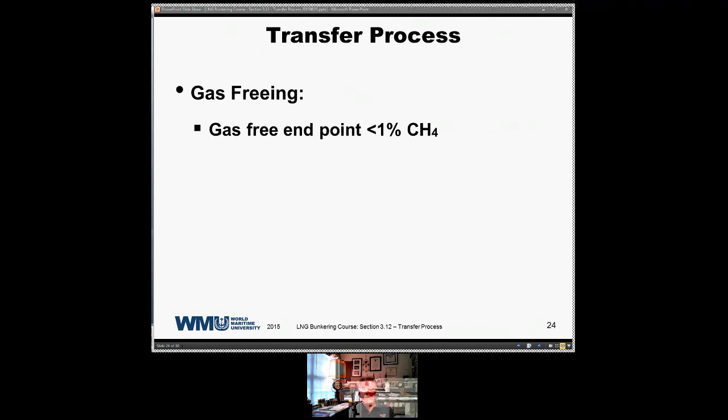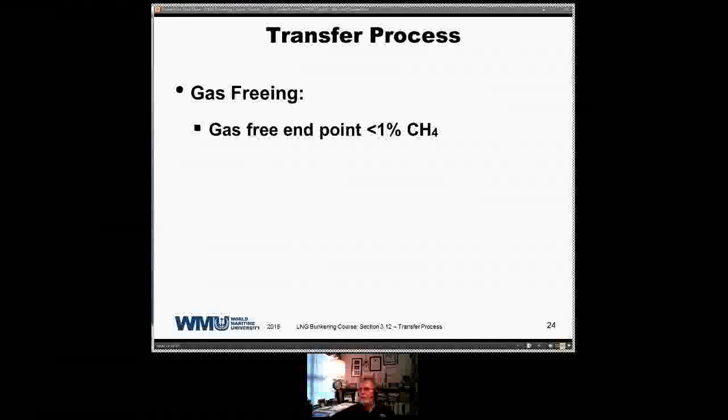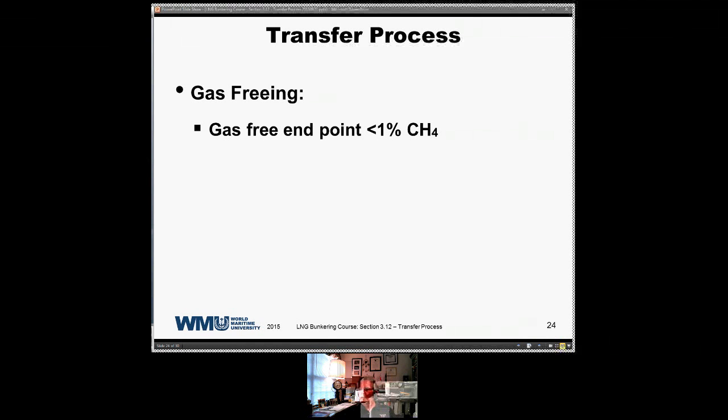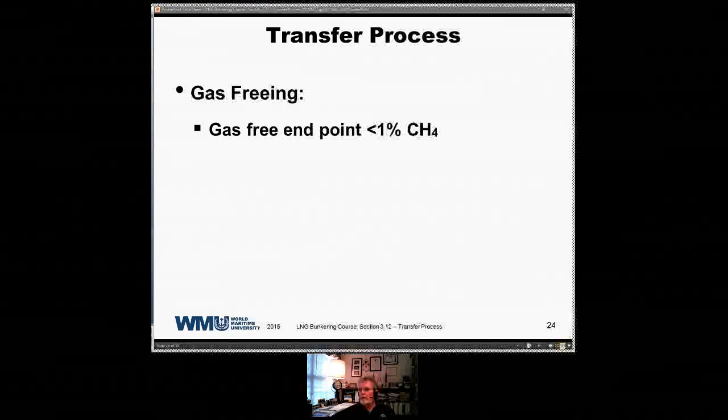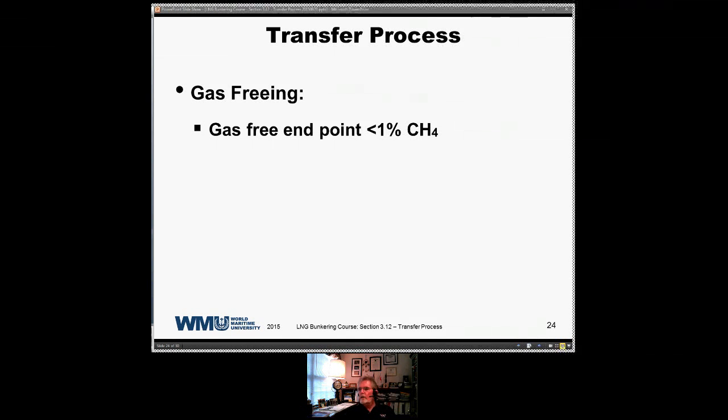And almost every vessel or terminal that I have ever been on or worked on, the end point of that is going to be less than 1% methane. This way you know you are in a safe area, and also the little bit of methane that's going to be released when you actually disconnect is at a minimal level.